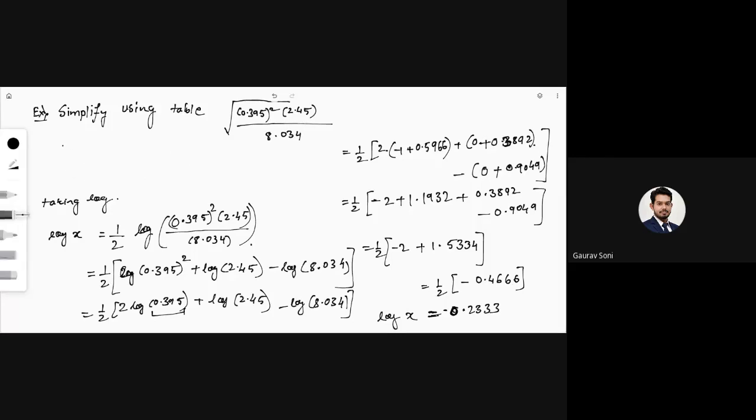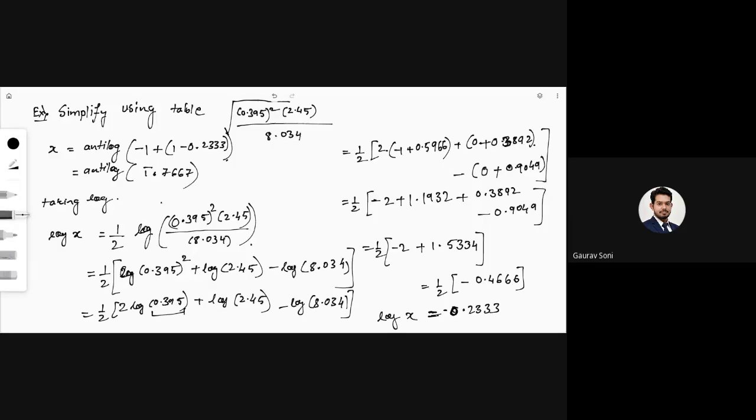So x is equal to anti-log of minus 1 plus 1 minus 0.2333. So this is anti-log of 1 bar dot. If you subtract 0.2333 from 1, it is 0.7667.